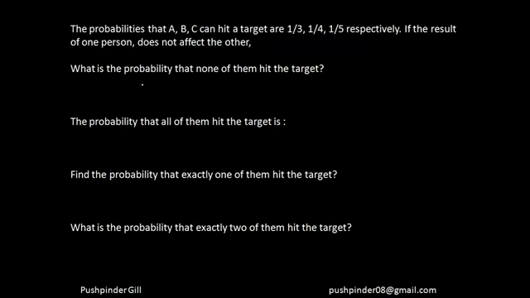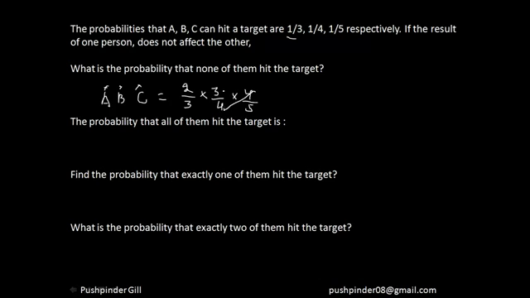So what is the probability that none of them hits the target? So that means this should be the multiplication of probability that A does not hit the target, B does not hit the target, and C does not hit the target. Which is, if A hits the target, the probability is 1 by 3. The probability of A not hitting the target is this, B not hitting the target is this, and C not hitting the target is this.